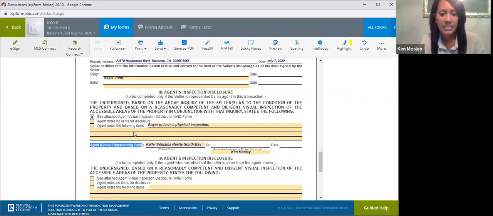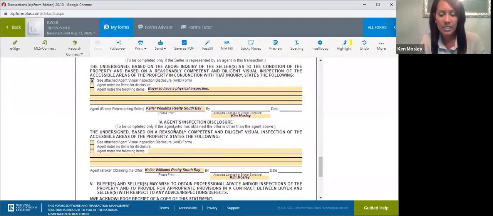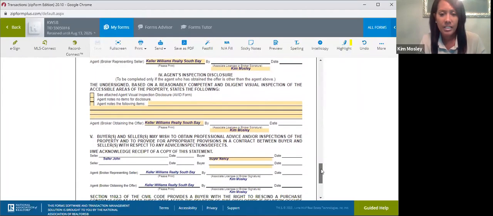So this will be the listing agent section to do. And then on this one, agent's inspection disclosure, this is where the buyer's agent would complete this. I recommend you do not leave this blank. You should always put something in here.